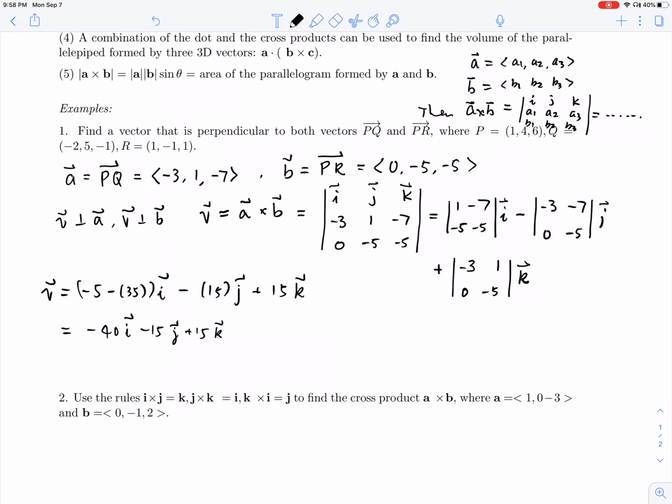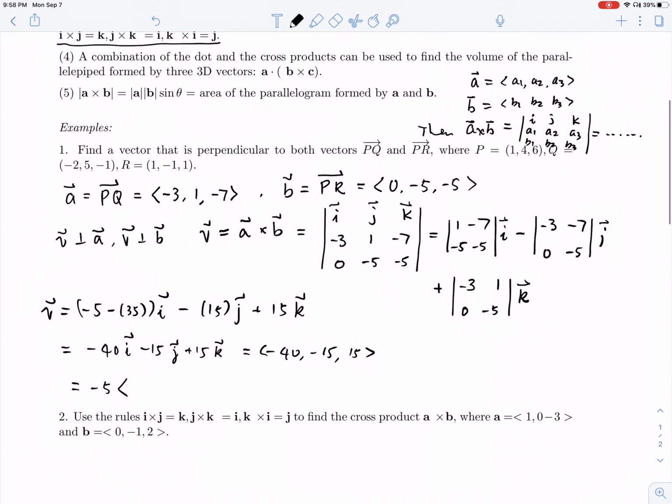Or we can simply write down negative 40, negative 15, and 15. Or we can factor the negative 5 out, since it is scalar multiplication, so we can get 8 over here and 3 over here and negative 3 over here.